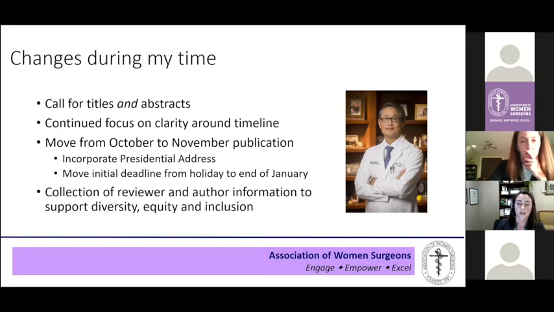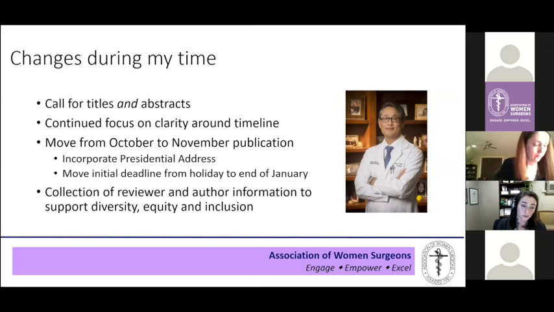And so we want to make sure that we share that and are transparent about that with the authors. We moved last year from an October to a November publication to better accommodate the presidential address, and also were able to, because of that, move the deadline for the initial submission from what's usually the holiday timeframe to the end of January, hoping that that was a good fit for the authors.